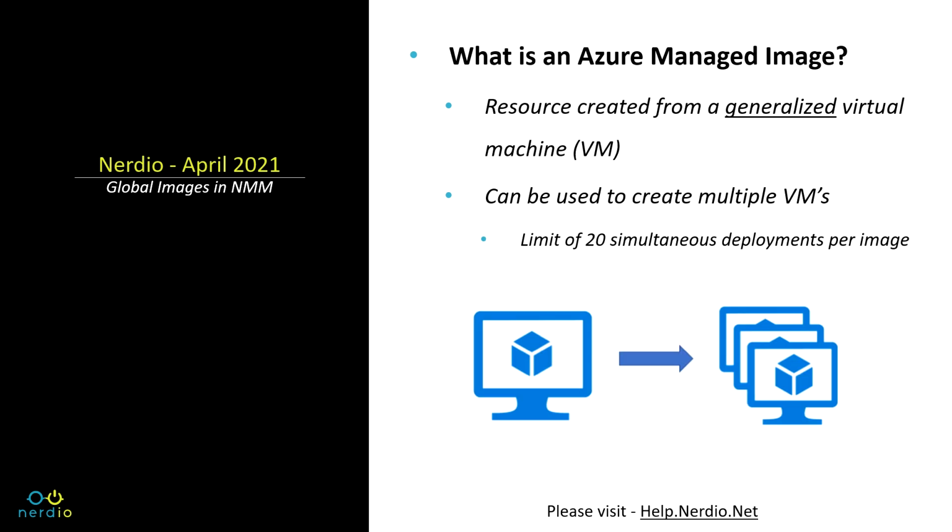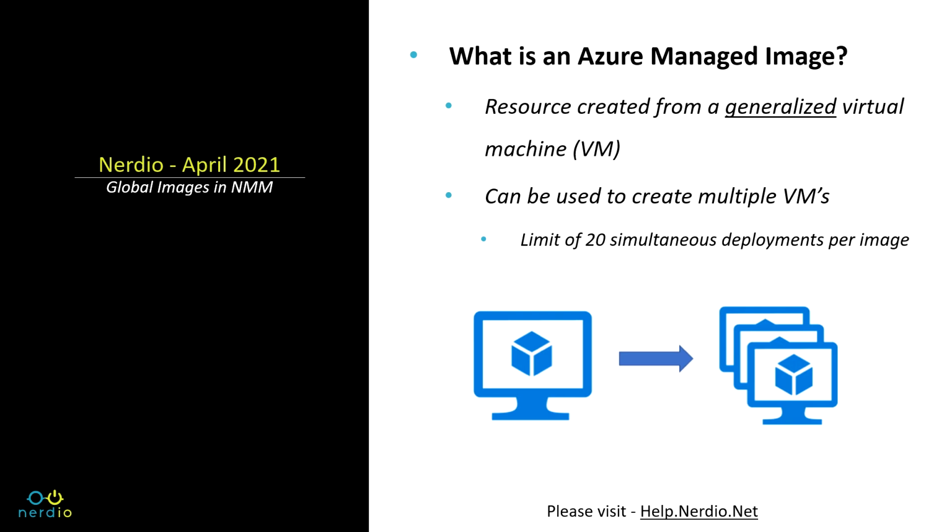And so, what is an Azure managed image then? Well, that's a resource created from a generalized virtual machine, right? We just talked about the example of what a virtual machine would be. Well, an Azure image is going to grab that OS disk at a minimum. If you have data disks, those can be included as well. And it's going to generalize it, i.e., sysprep, and put it in a way that it can be used to create many from one.